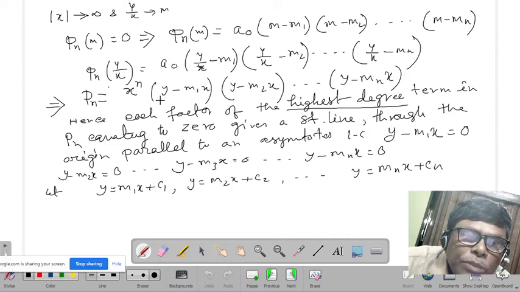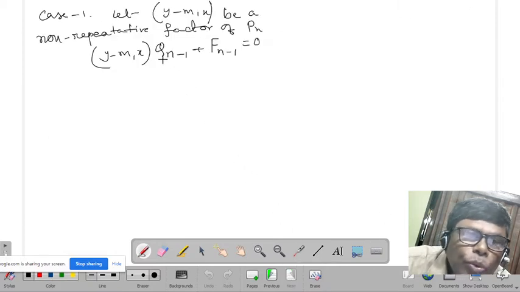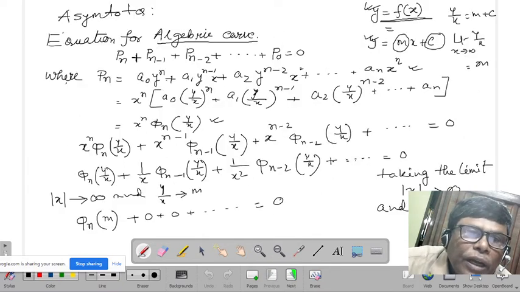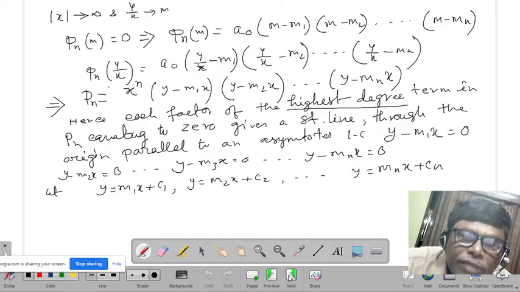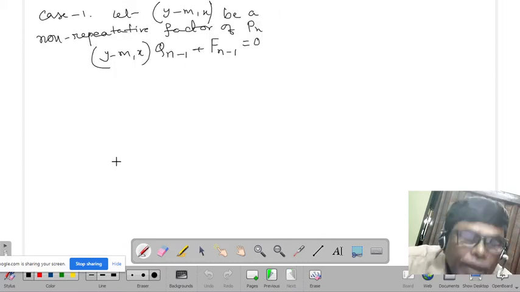This function and this part taken together has been written as q, and this term is the other terms, Pn minus 1, Pn minus 2, the next terms.